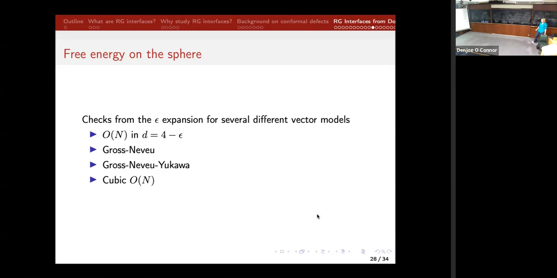So part of the motivation was to try to understand things in RG interfaces. A lot of RG interfaces have been studied in 2 dimensions, and we want to understand how it would play out in generic dimensions. So it's more that we're using these well-known CFTs as a testing ground rather than trying to find something new with them.